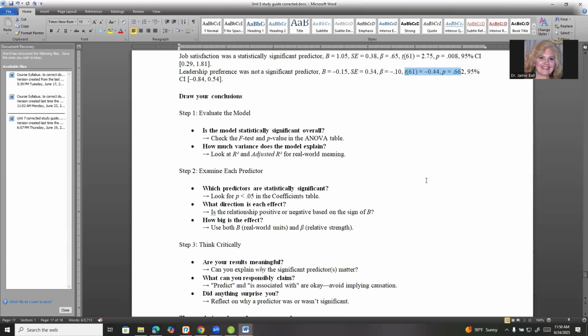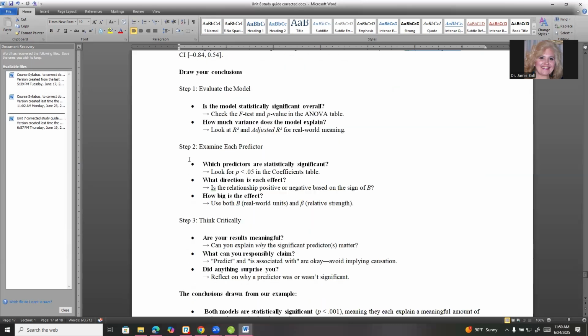Was the model, the ANOVA, significant overall? Yes. How much variance does the model explain? I can look at R squared or adjusted R squared and say how much is explained, especially with model 2. Then I look at each predictor.